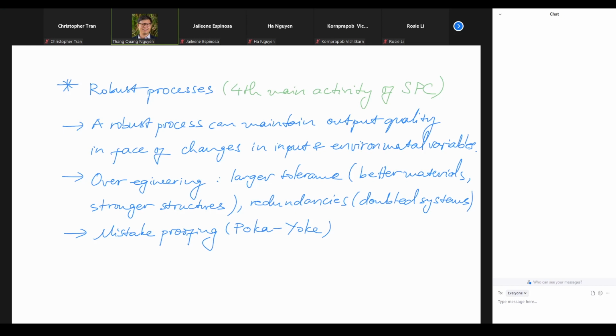So mistake proofing means the following. We would design the process so that it can straighten itself out even if as humans we make errors, right? We are human, we make a lot of errors here and there, but because the process is very robust, it can straighten itself out.